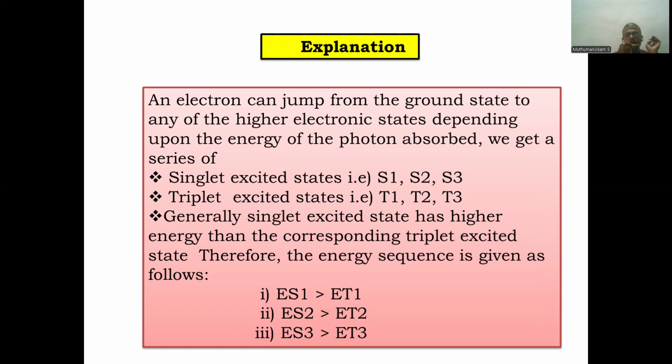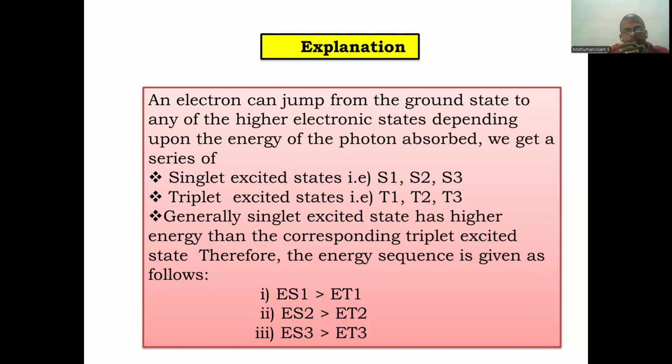One more point you have to remember: it is not necessary for all the molecules to absorb all the passed light energy from the source. The electron can absorb a portion of the light radiation from the source and go to the excited state.